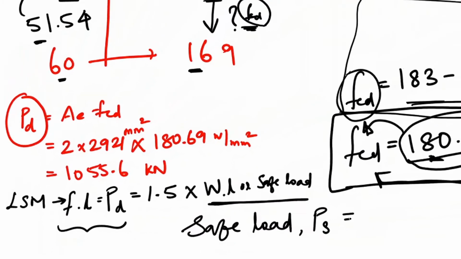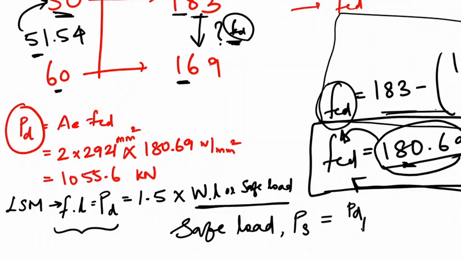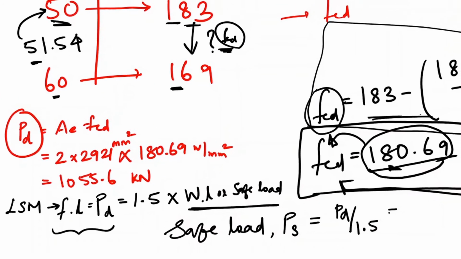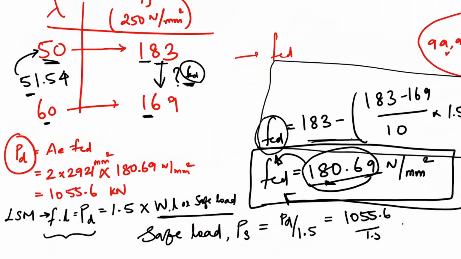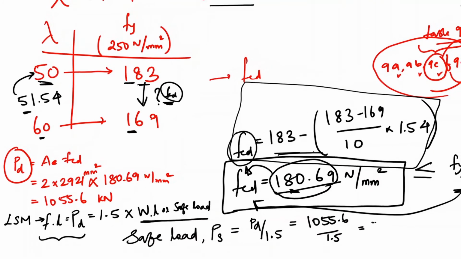Safe load PS is equal to design load upon load factor 1.5, so 1055.6 upon 1.5, which is equal to 703.73 kilonewton. This is the answer. Now we got the safe load carrying capacity of the given column section, that is 703.73 kilonewton.